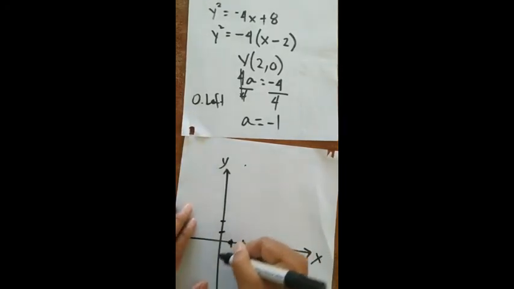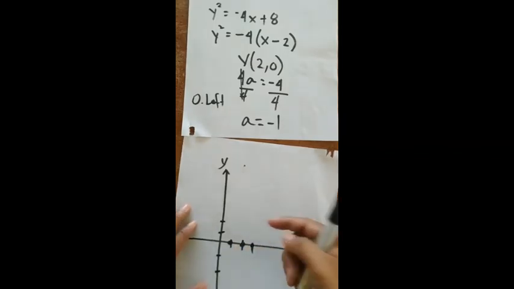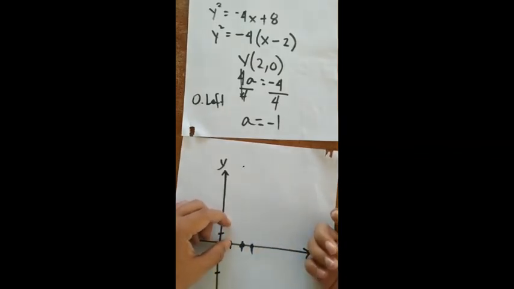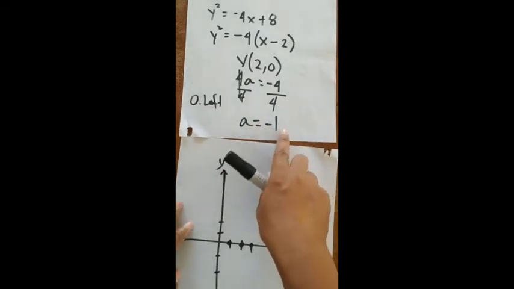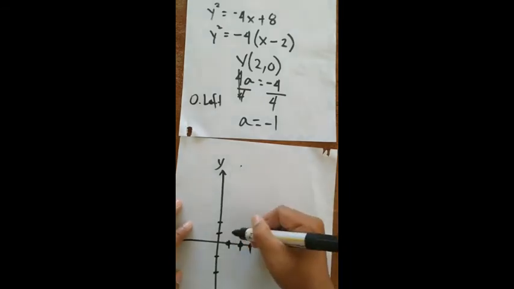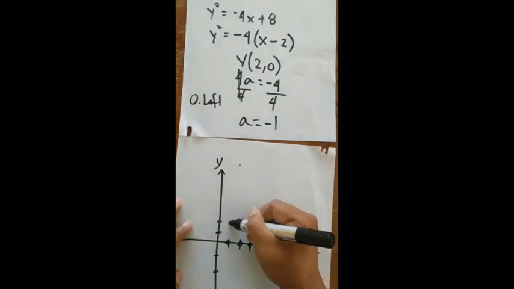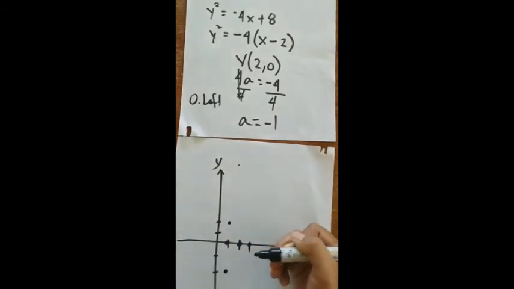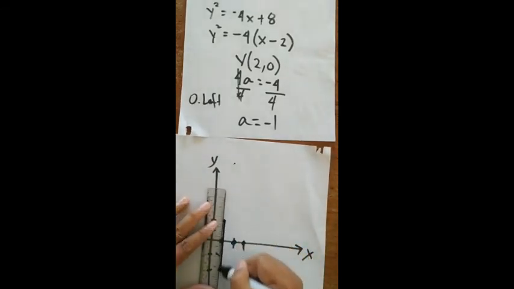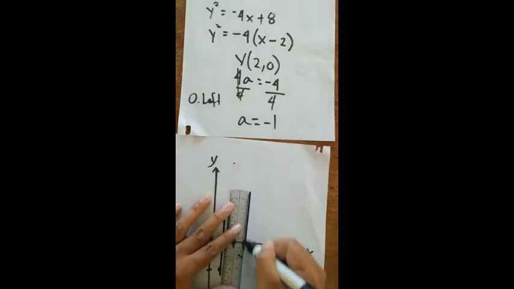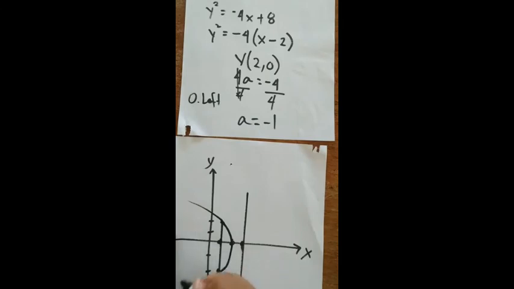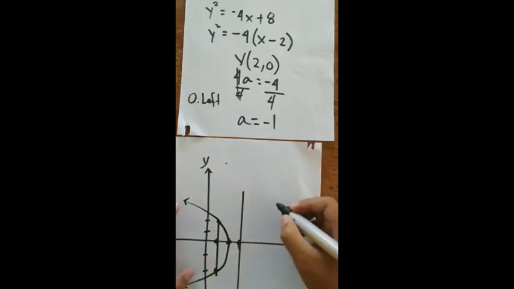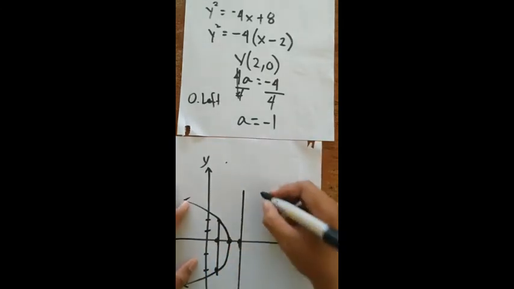Next, half of our latus rectum is given by 2a, and since our a is −1, 2 times −1 gives you −2. So from here, 1, 2 units, 1, 2 units. Our parabola is now set, and this is our directrix, which determines our opening.